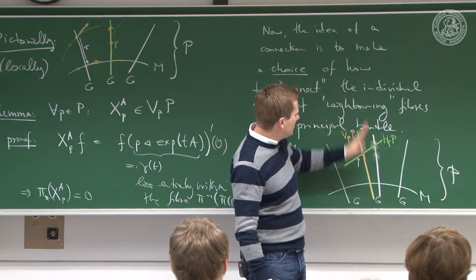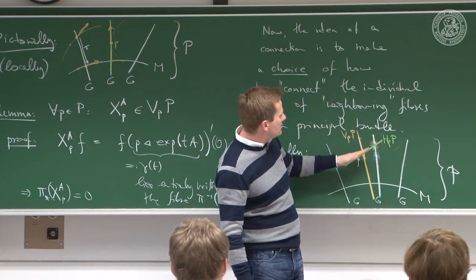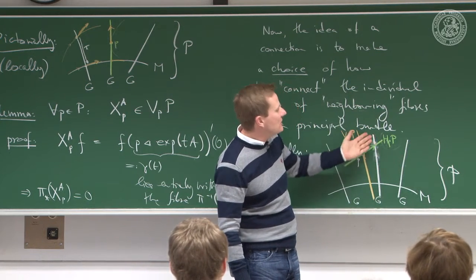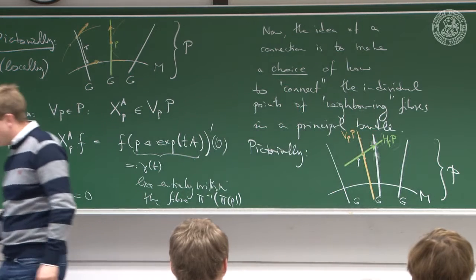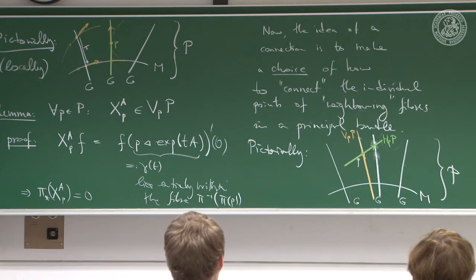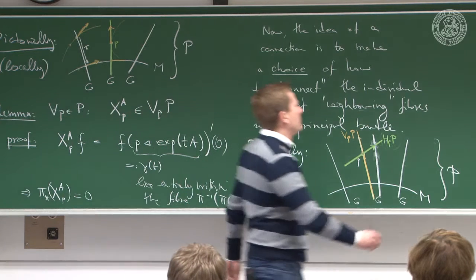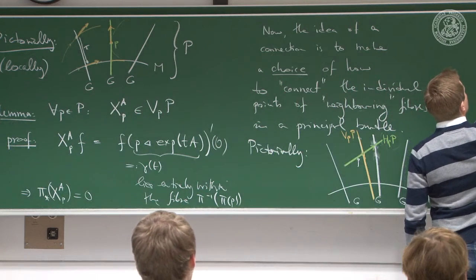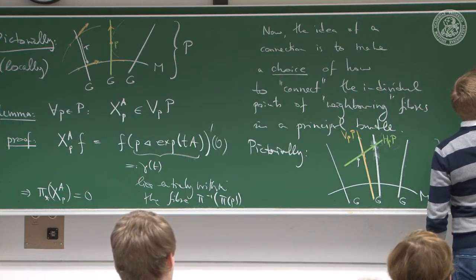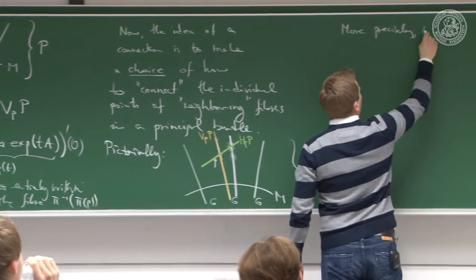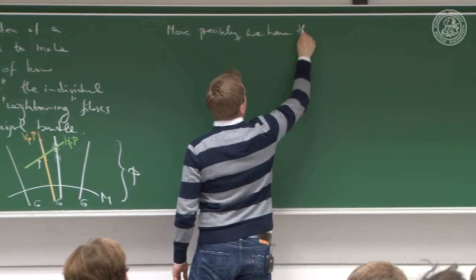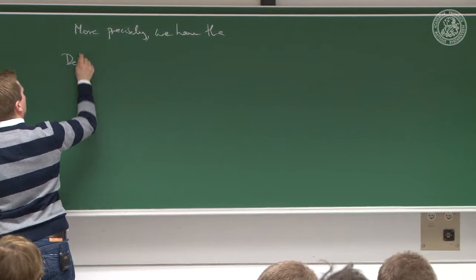But here, the only thing you need to realize is that we want to make such an identification, and we need to make a choice to achieve that. Now, so that's the idea. But now we have to write this down as a formal definition. So more precisely, we have the definition.